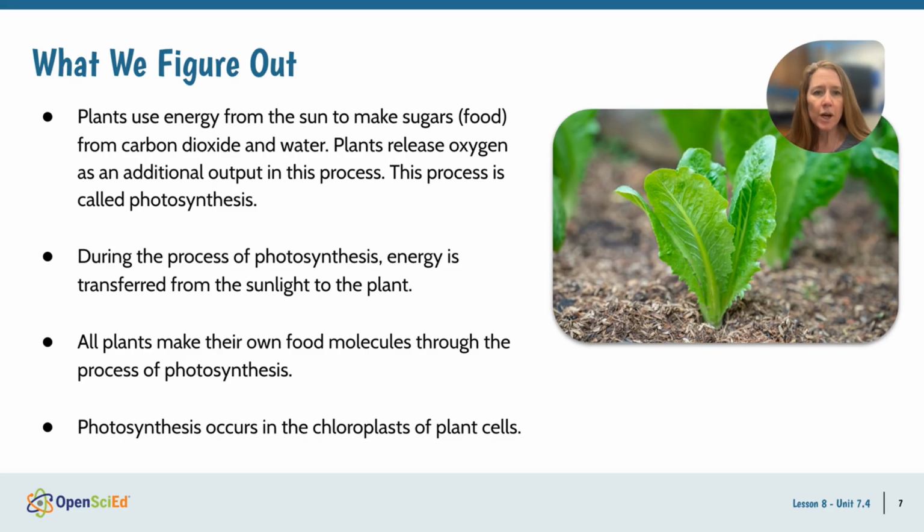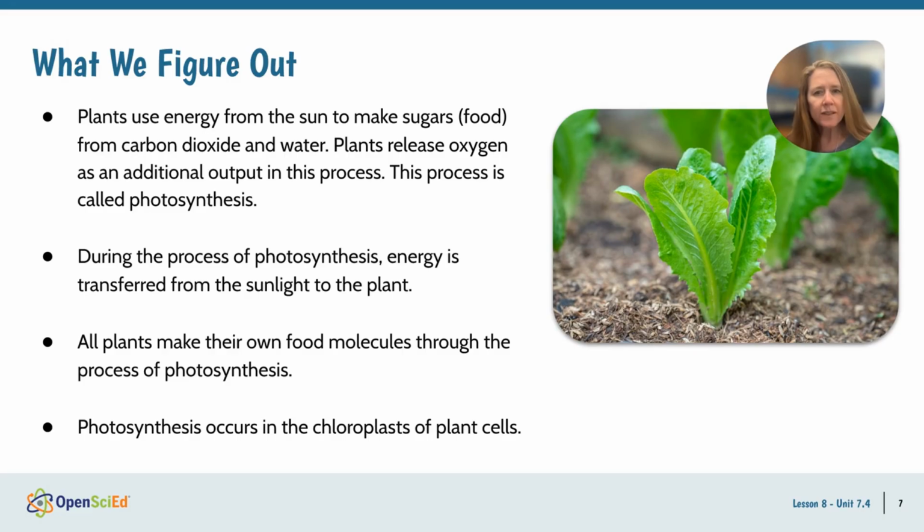From all of this work from the last few lessons, we're able to update our class consensus model to explain those details of photosynthesis with supporting evidence. So we again review and figure out that plants are using energy from the sun to make sugars from carbon dioxide and water, that plants release oxygen as an additional output in this process, and that the process is called photosynthesis.